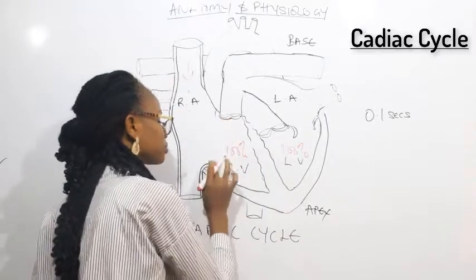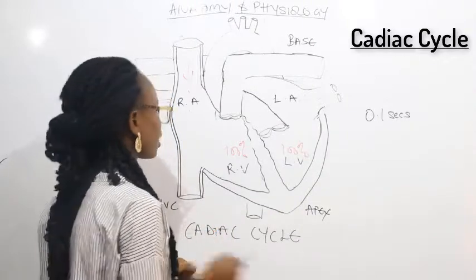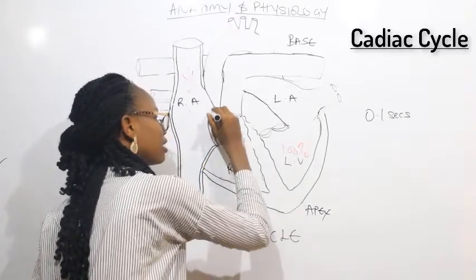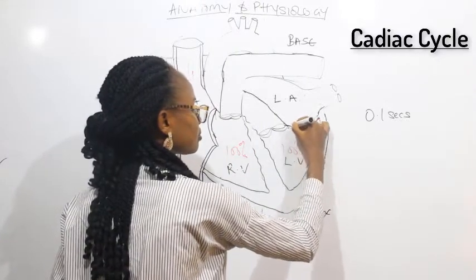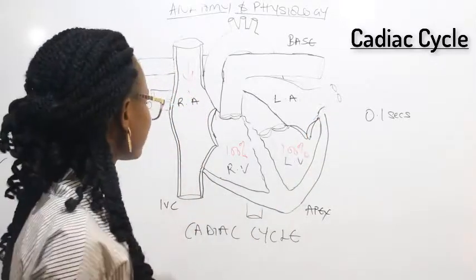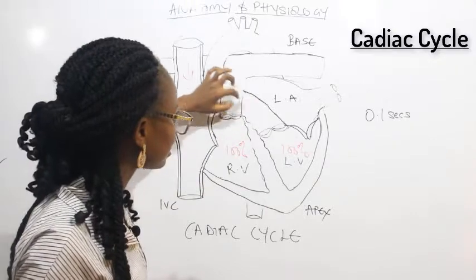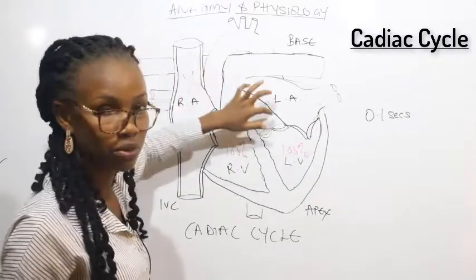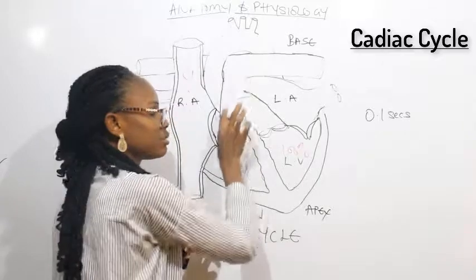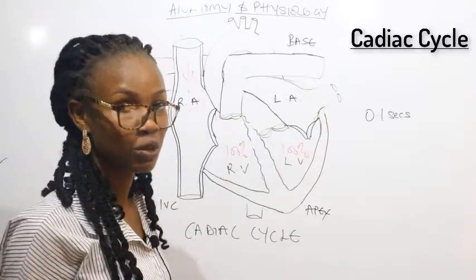Now this valve needs to close because the pressure in the atrium is now lesser. Since the pressure here is lesser, the pressure in the ventricle will be greater than the ones in the aorta and the pulmonary trunk, pushing the semilunar valves open, allowing the blood to be ejected into the systemic and the pulmonary circulation.